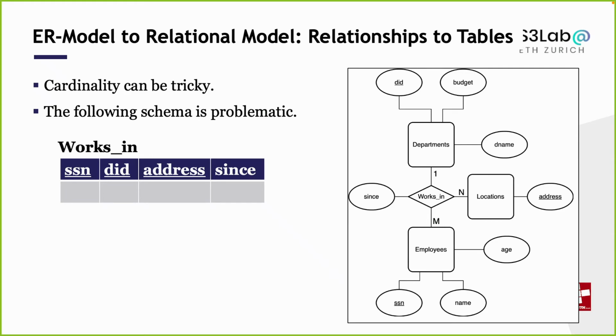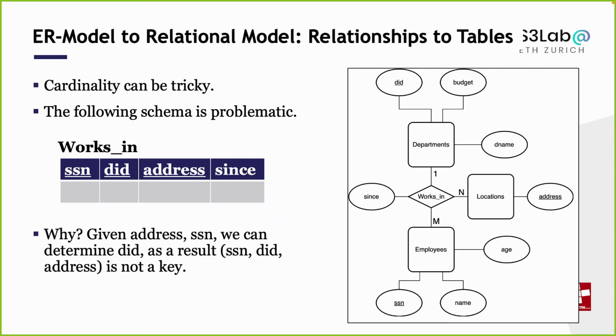That means that this subset of three different attributes, SSN, department ID, and address, is not the minimum subset of keys that identifies a tuple in this relation. These three attributes together are not a key because they are not minimal. The reason they are not minimal is because of the cardinality constraint you have in your ER diagram. Make sense? Now, who agrees this is not correct? Who is still not sure? This is very important, guys, to make sure we are on the same page because it's getting trickier after this.